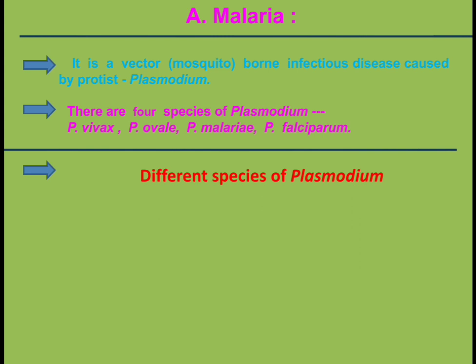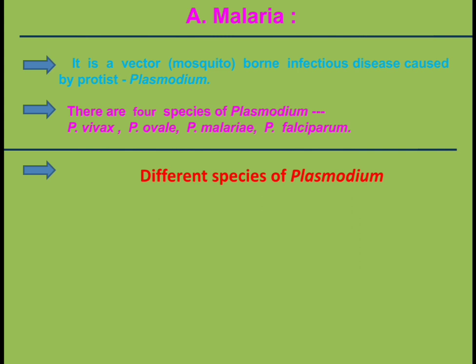A parasite is an organism that lives in or on the body of another organism and derives its nutrition from that host organism. Parasites are of two categories: first is the ectoparasite and the second is the endoparasite.